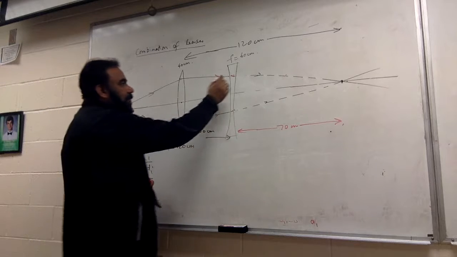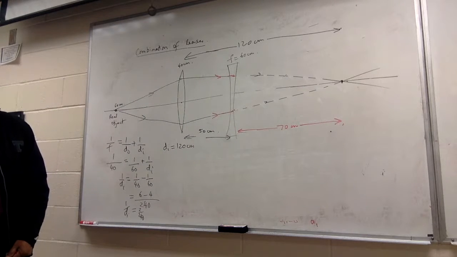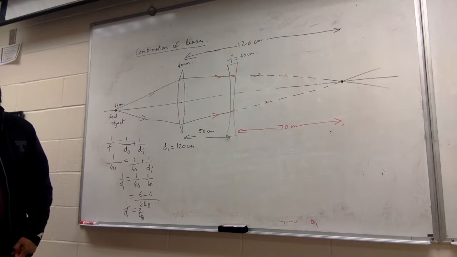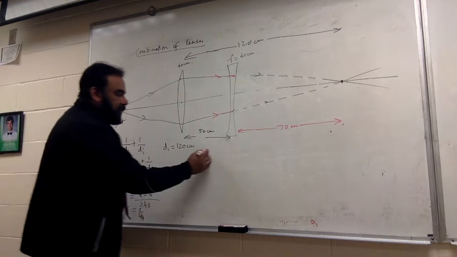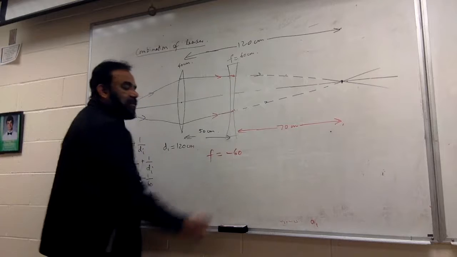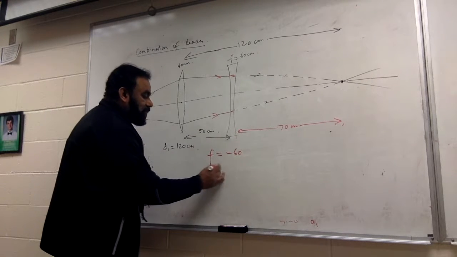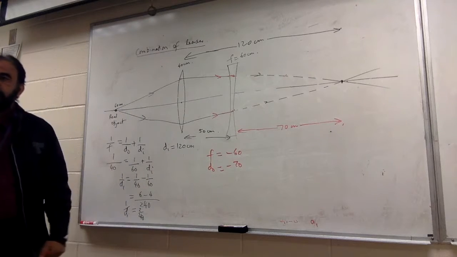Now what's going to happen over here is that it's going to diverge because it's a diverging lens. And so we do f is equal to negative 60 because of the concave lens. Object distance is equal to negative 70, the same as before.